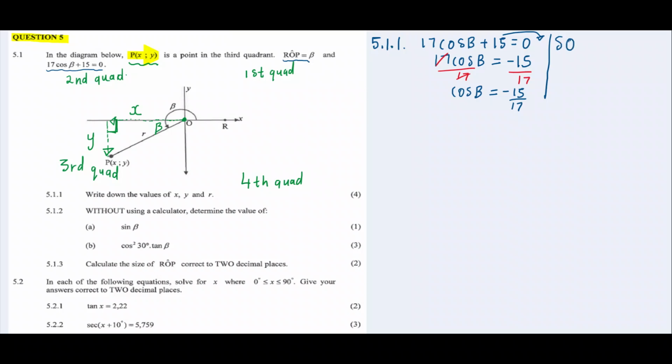So from the abbreviation SOHCAHTOA, we can see that the sine is going to be the opposite side of the angle over the hypotenuse side, right?